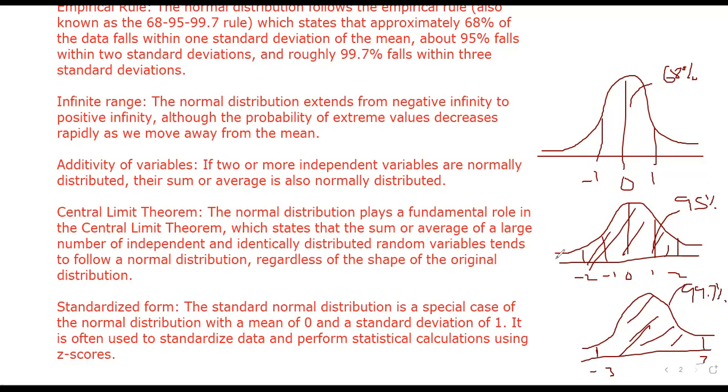So this is another property. It follows what we call the empirical rule. The other property that normal distribution will have is that it extends from negative infinity to positive infinity. So it doesn't touch the base. These are the key properties of normal distribution.